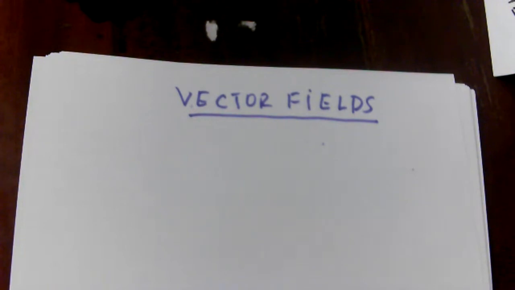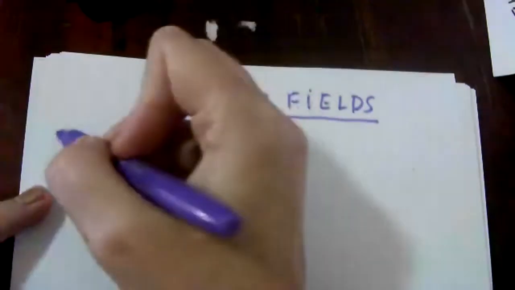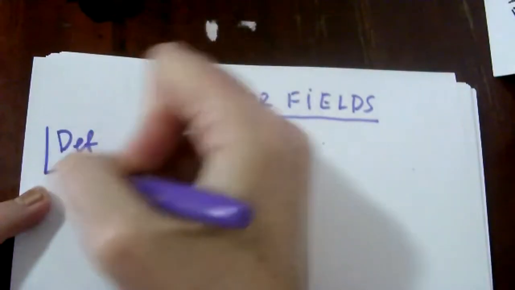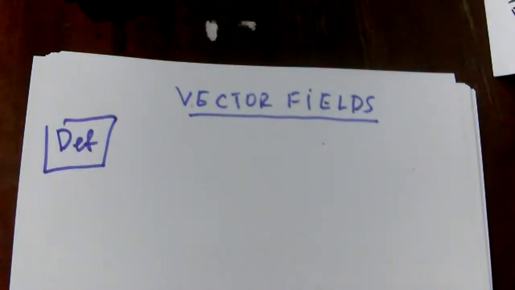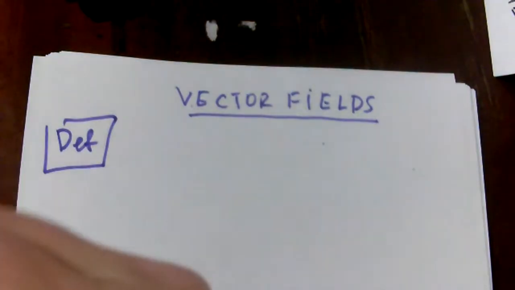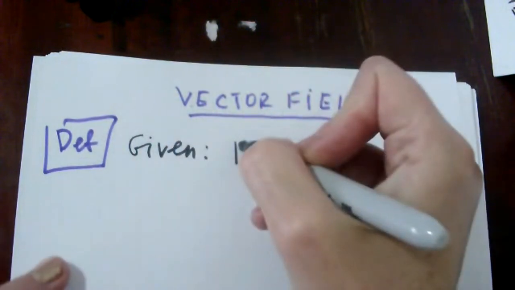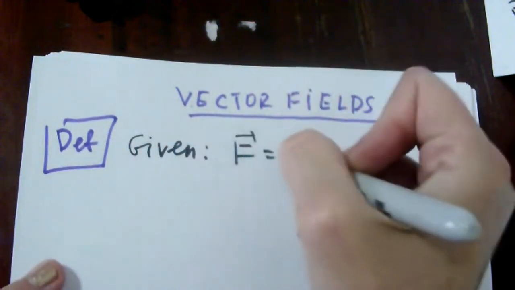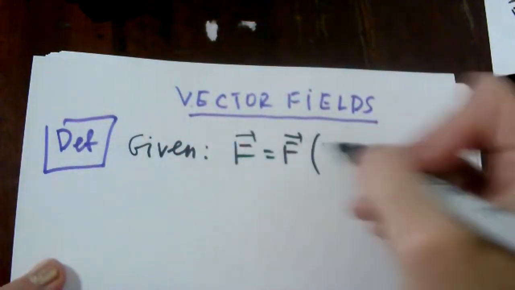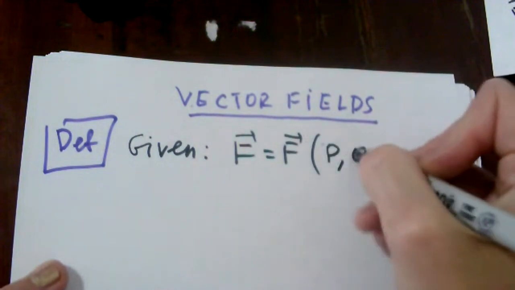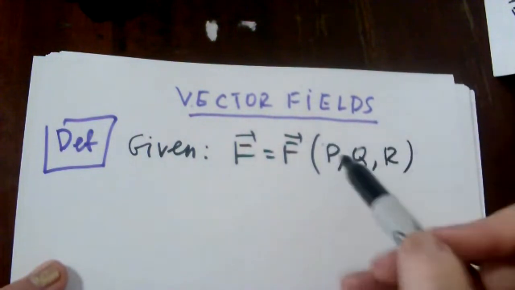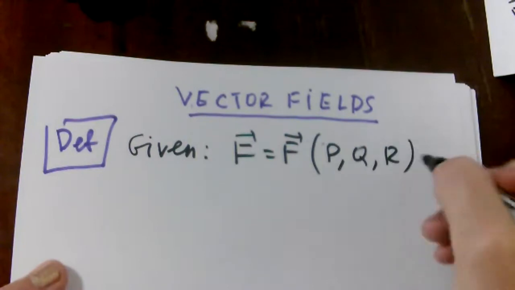Okay, what is the first concept associated with vector fields? The first concept, as I mentioned earlier, is the so-called divergence. So let's write down the definition first. What is this guy divergence? Let's emphasize the fact that this time you are given a vector field F, which has, let's denote the coordinates of the vector P, Q, R. Actually, P, Q, R are functions.